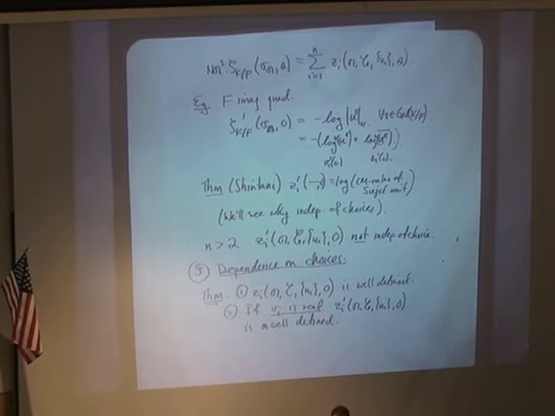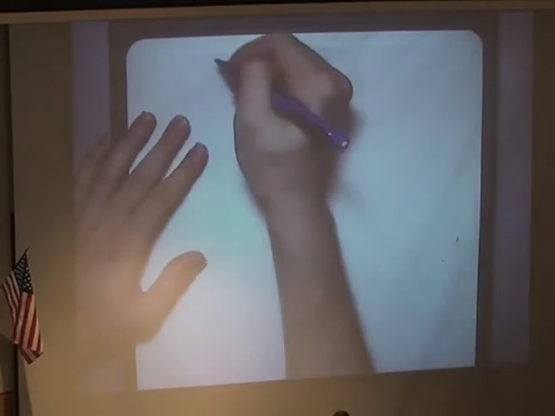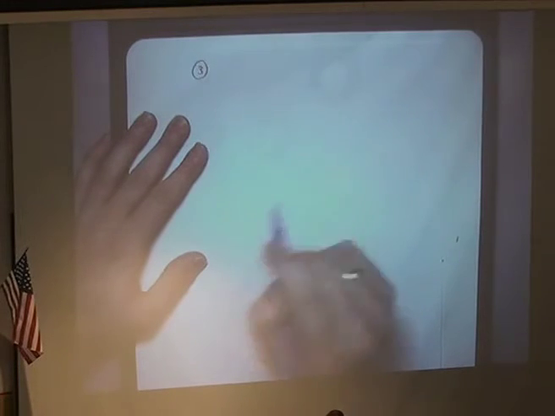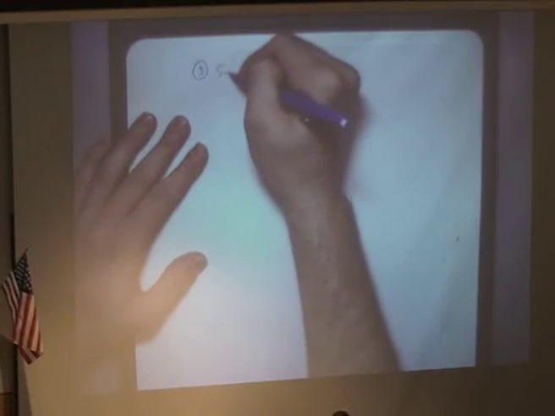Things get more interesting when we consider a complex place. Let's move on to 3. So let's suppose VI is complex.